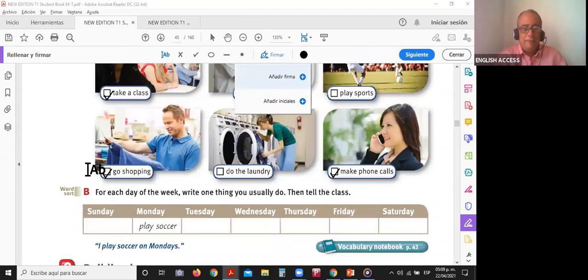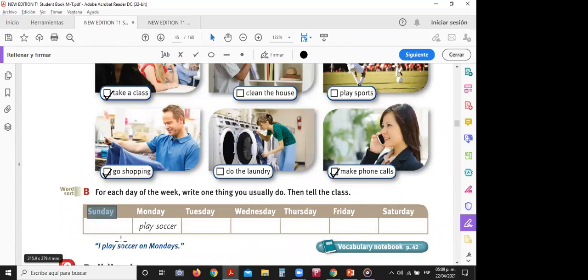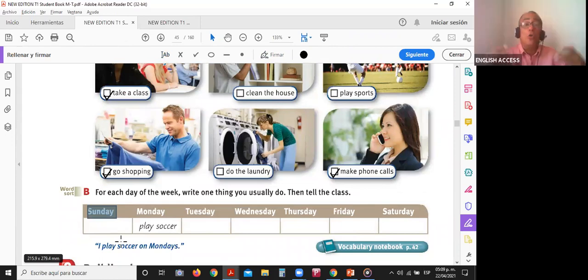Okay. Now here, these are the days of the week. We have 7 days. Do you know the days of the week? Number one is Sunday. What is Sunday? El domingo. Sunday, yes, is when you go to church. Maybe that's a routine. Or Monday, well, Monday is when you go to school.